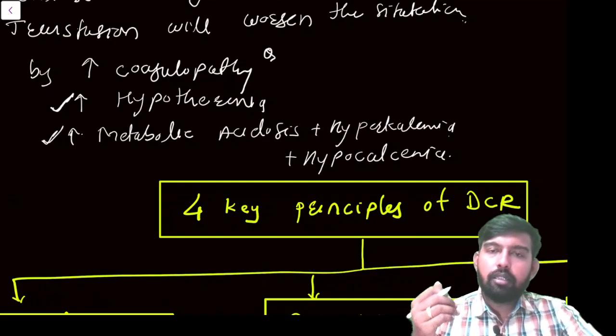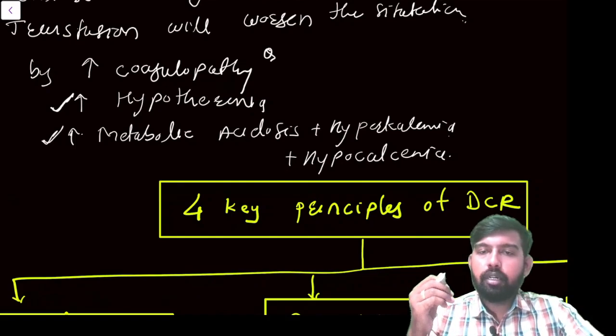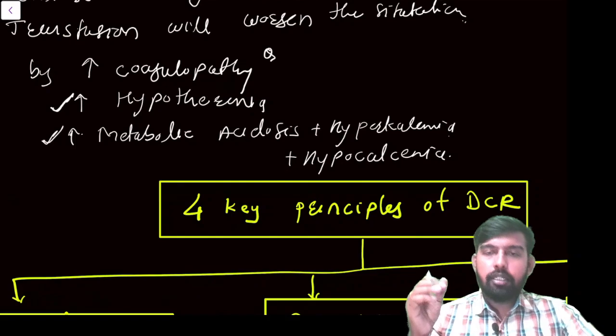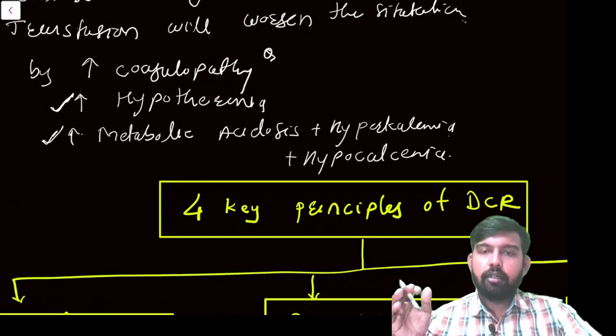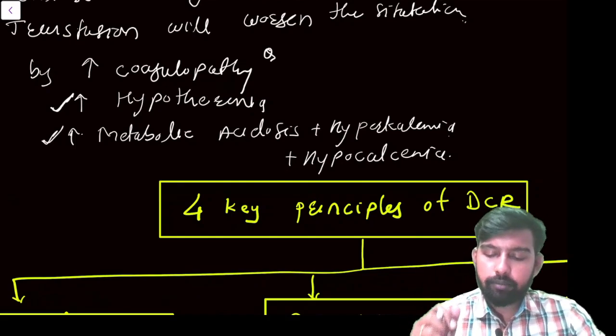So the basic principle of treatment of hemorrhagic shock is the control of the hemorrhage. Resuscitation is started simultaneously, but there should be control of hemorrhage as well.